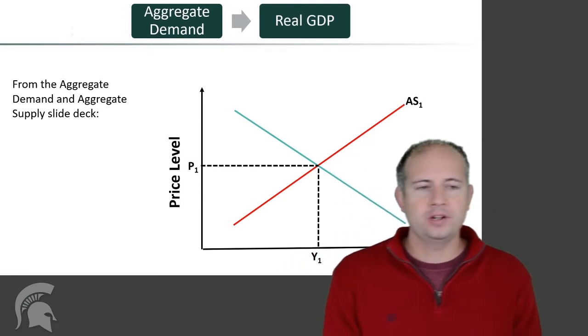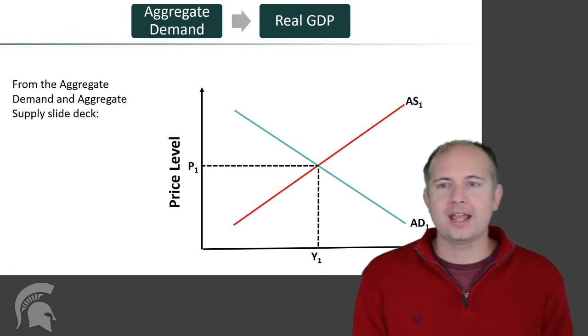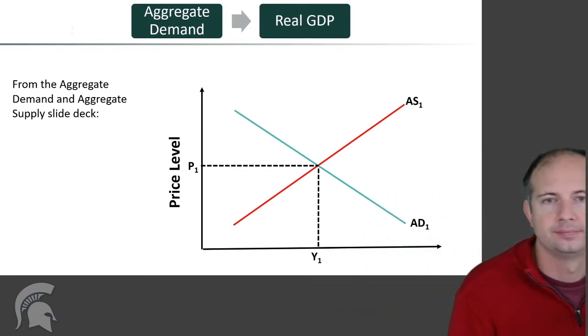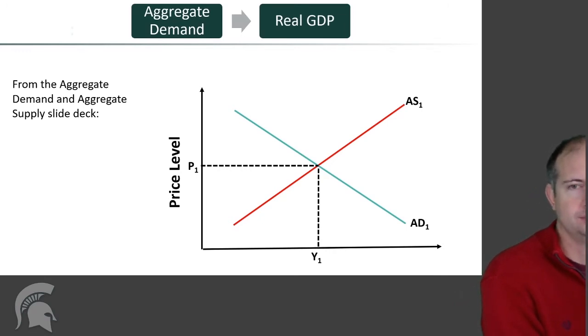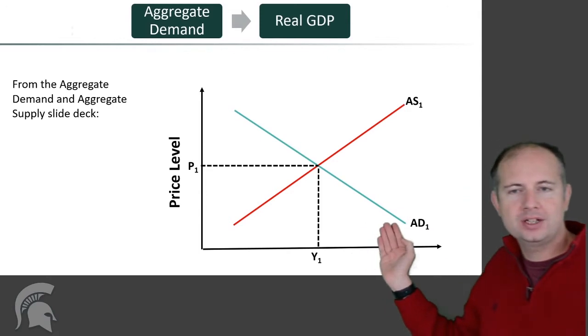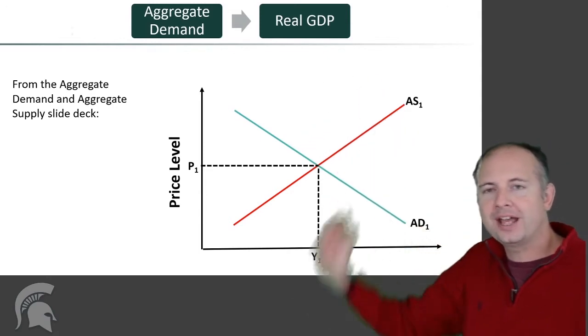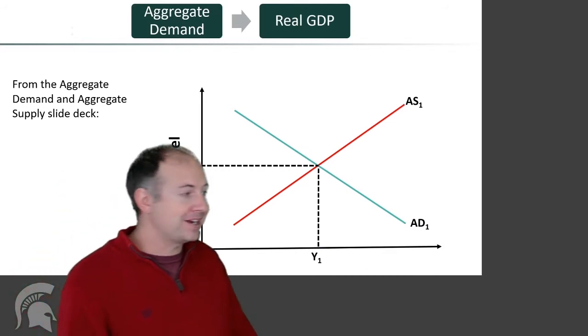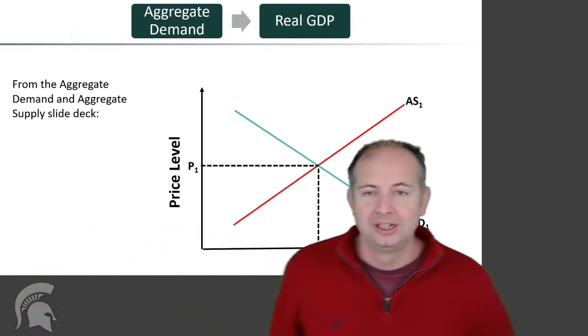How do we know this? Well, if we go back to the aggregate demand and aggregate supply slide deck, we learned about how aggregate demand slopes down, aggregate supply slopes up. This works out really well because it looks just like the product supply and demand curves we learned about.